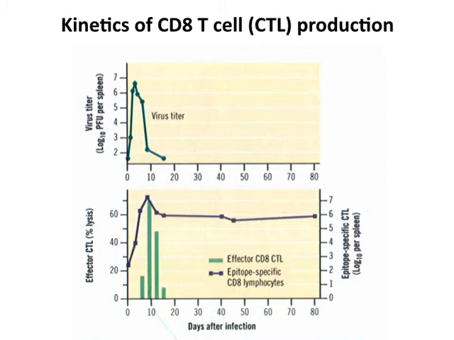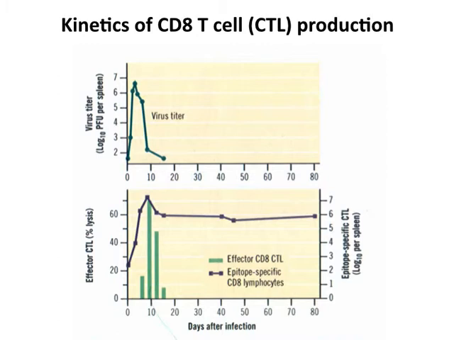And then in the bottom panel, we're looking at cytotoxic T cells. So the green bars are cytotoxic T lymphocytes. This is a very specific assay that measures their ability to lyse target cells. So you can see they go up after virus titer has peaked, but still pretty soon after infection. Then they go down very quickly as the infection is resolved.